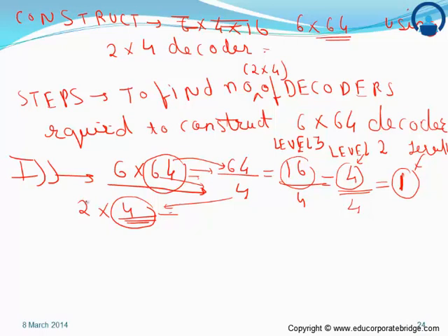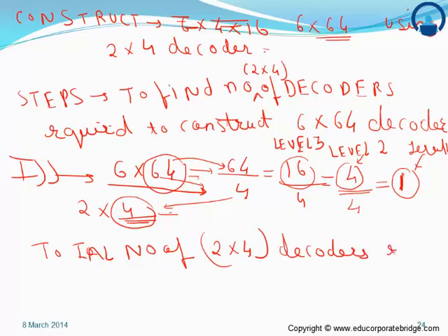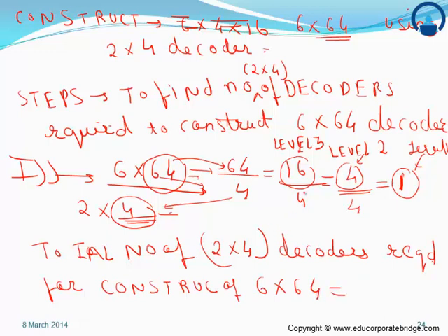That is, the total number of 2 cross 4 decoders required for construction of 6 cross 64 is equal to this 16 plus this 4 plus this 1.